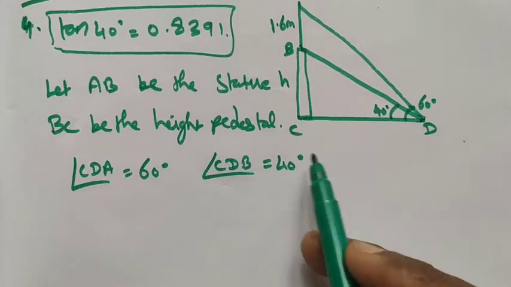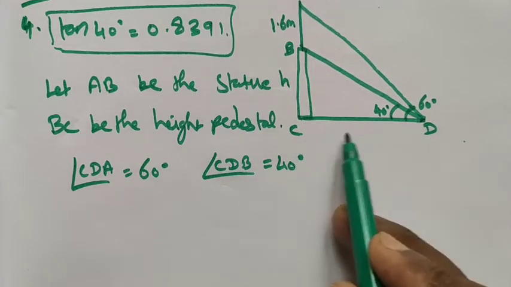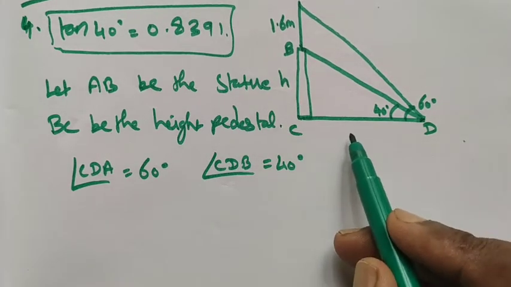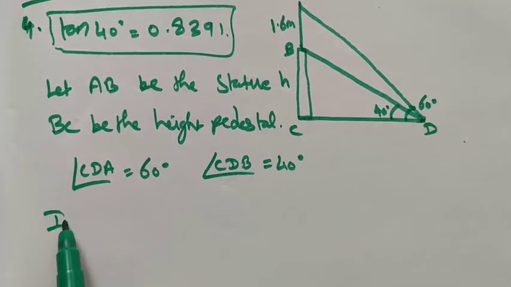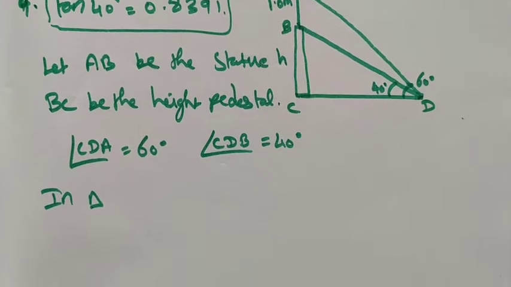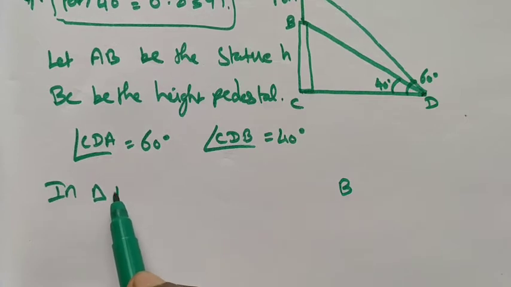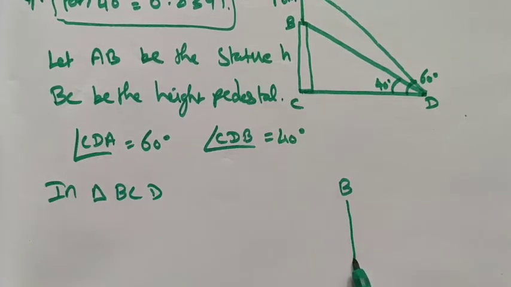Now see, for both the triangles, CD is common, right? So let me take the first triangle, triangle BCD. This is 40 degree, and this is CD.